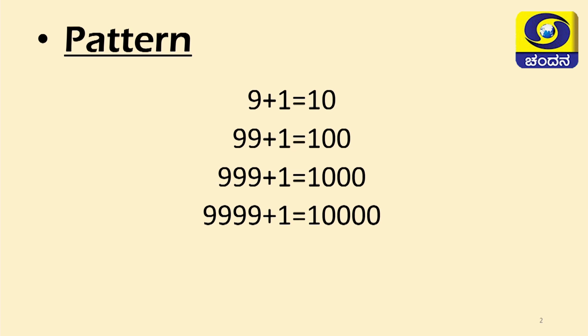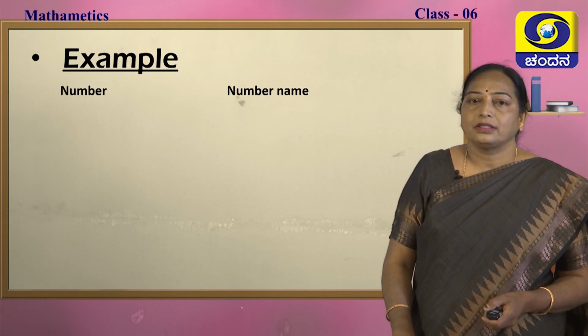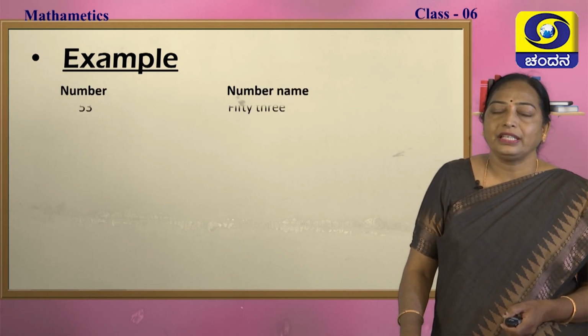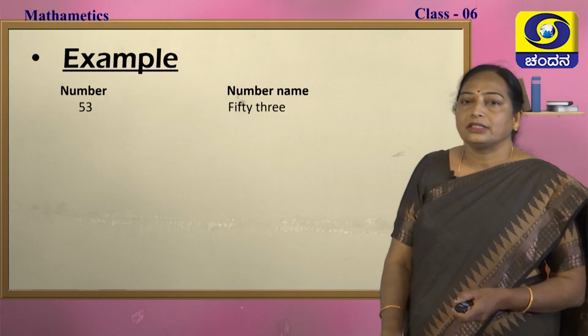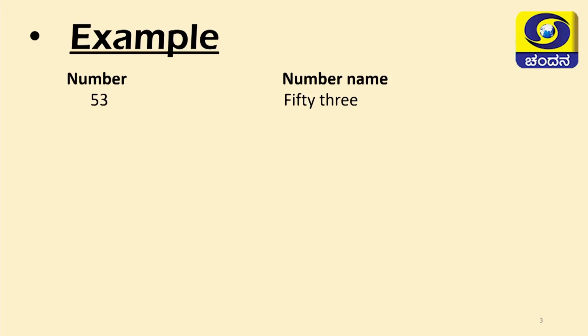Isn't it, children? We will take one example, the number 53. How do we read this? The number name of this number is 53. Let us see the expansion of 53. 53 is equal to 50 plus 3.